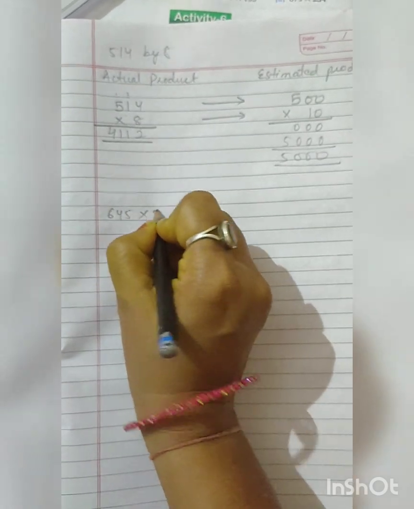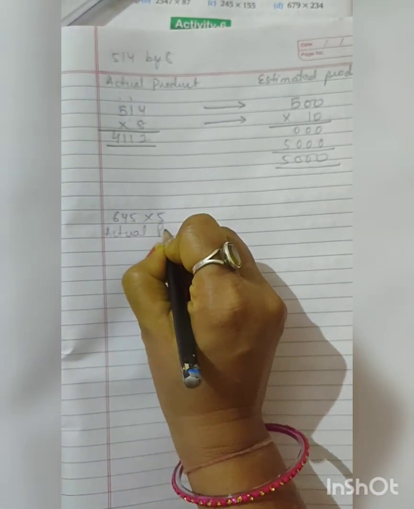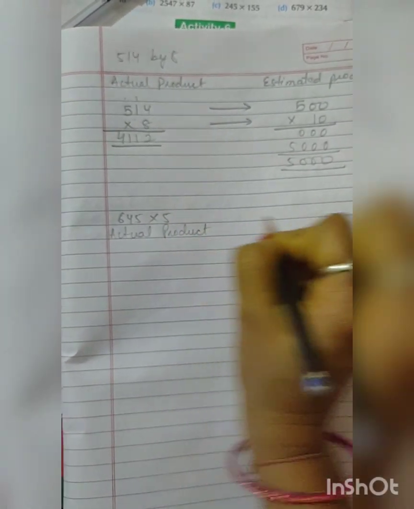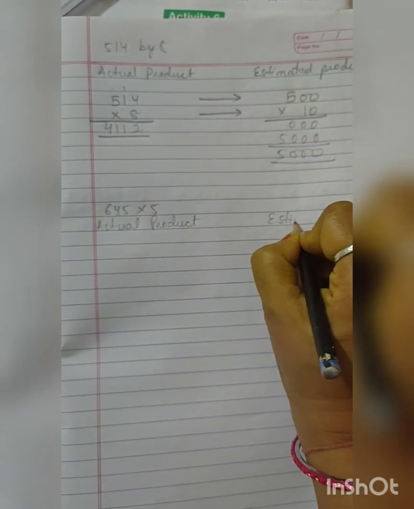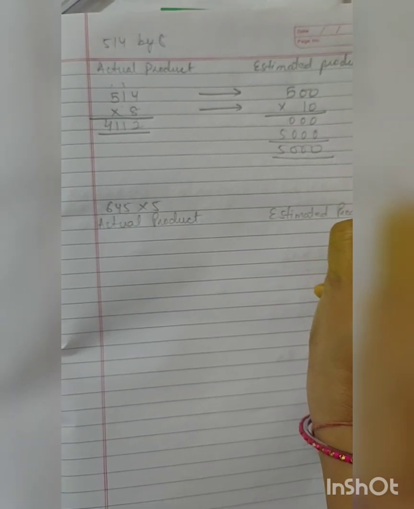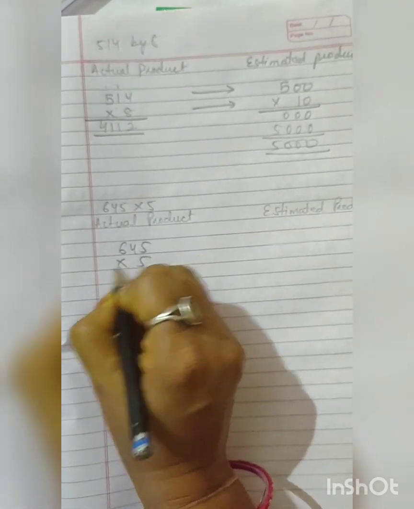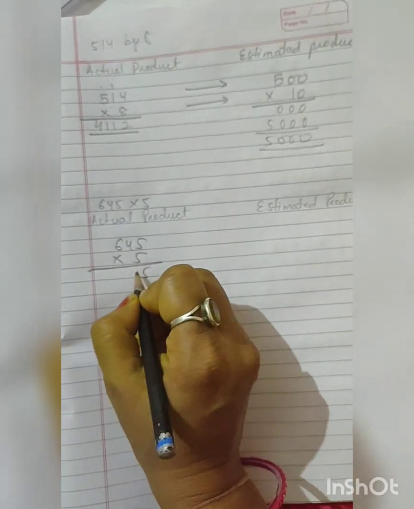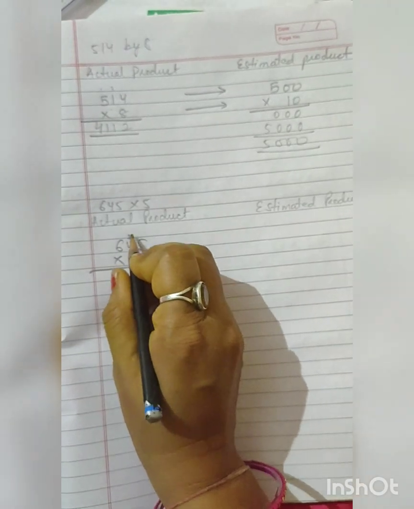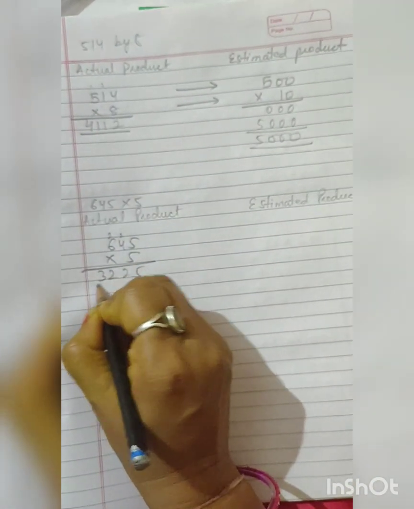Similarly, if we take one more example, 645 multiplied by 5. So actual product and estimated product. We can see in this 645 multiplied by 5. 5 5s are 25, 2 carry is there, 5 4s are 20 and 2 22, 2 carry again, 5 6s are 30 and 32.